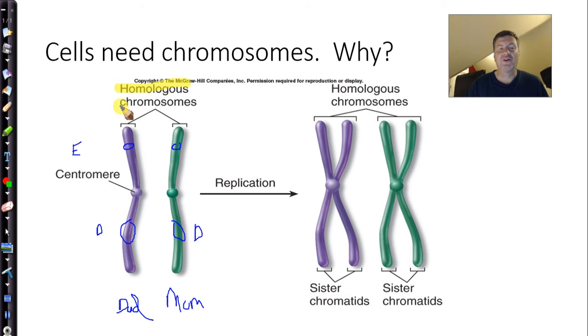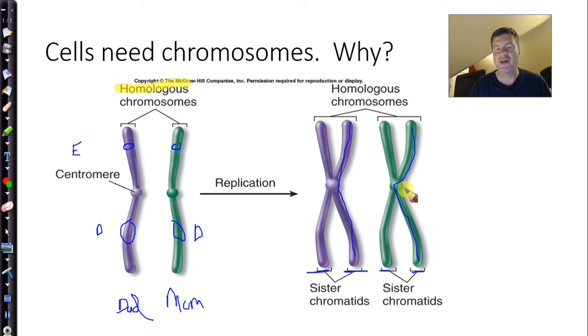So the first step in the process, if you will, is to copy everything. So this line I'm drawing represents the copy of this one, and this represents the copy of that one. So now we still just have two chromosomes, but we have copies of them, and we call the copies of a chromosome chromatids.